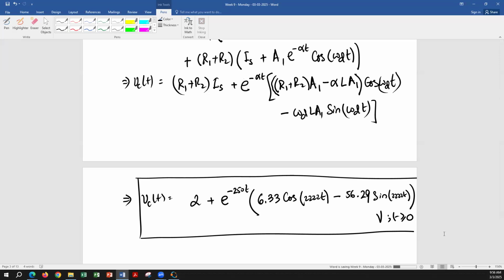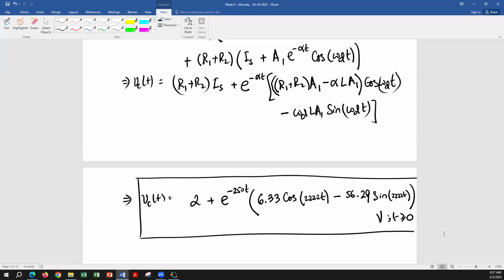Does this equation look correct to you? How are you going to check that this equation is correct? Well, or at least you say, okay, because of this, this equation may be correct. How are you going to check that? You're going to check for the initial condition and you're going to check for the steady state value. So the steady state value is 2, and again, you can check from the circuit. If the steady state value is 2, as we just discussed, it will be 2. And the initial value of the capacitor voltage at t equals 0 is going to be 2 plus 6.33, because that sine is going to be 0.